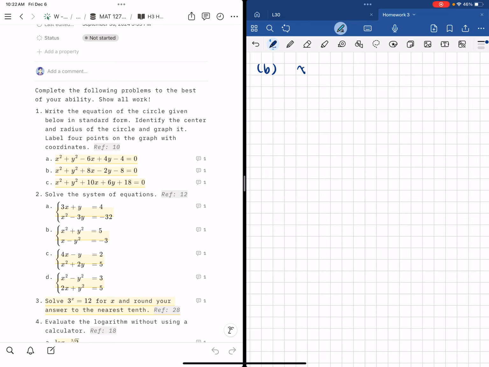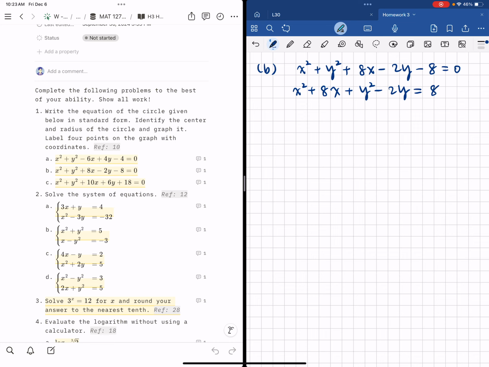Part B is x squared plus y squared plus 8x minus 2y minus 8 equals 0. So same thing, right? We regroup the terms and move the constant term to the right-hand side. x squared plus 8x will go together, and then plus y squared minus 2y, they will go together, equals negative 8 moved to the right becomes positive 8.